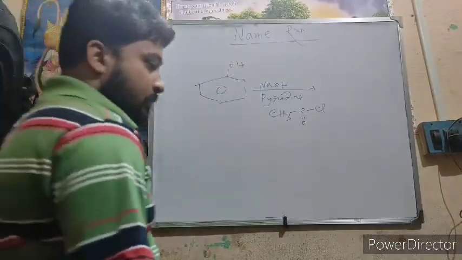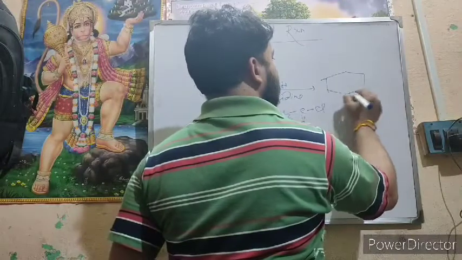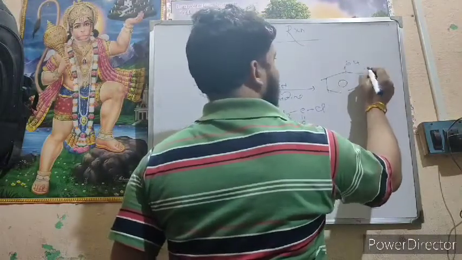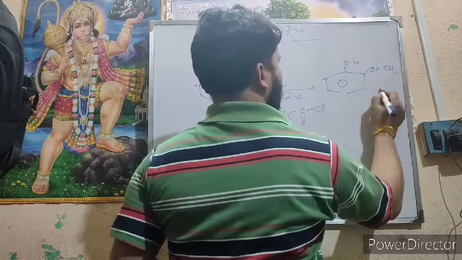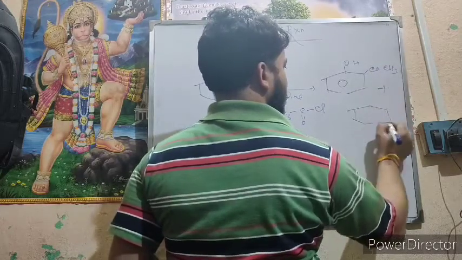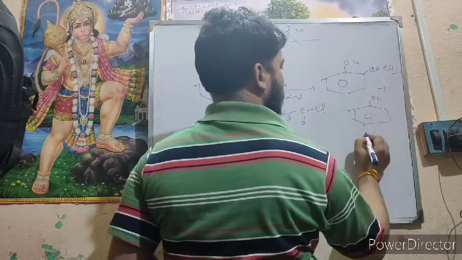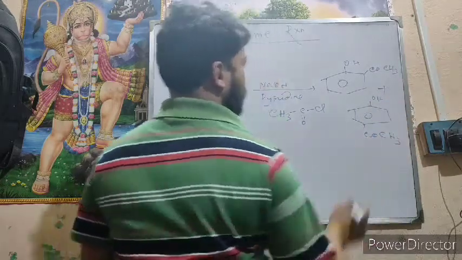What will be the product? The product is phenol with COCH3 on the ortho position and COCH3 on the para position. This will be the product.